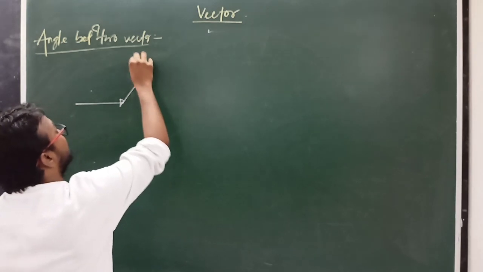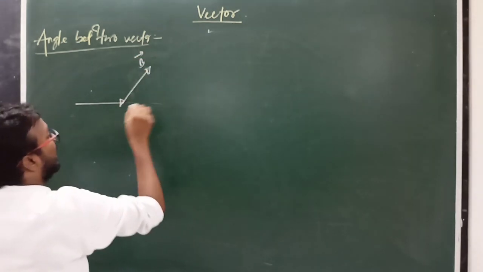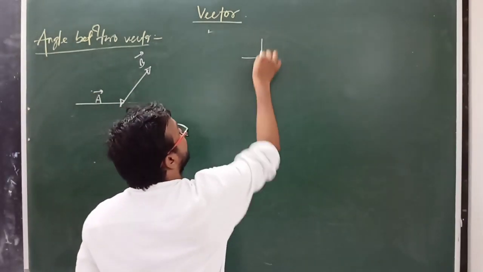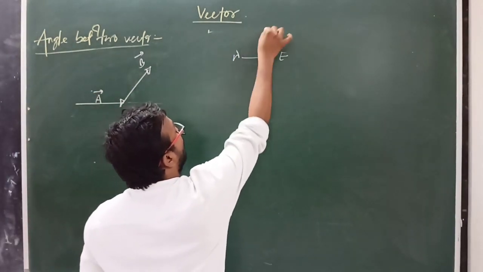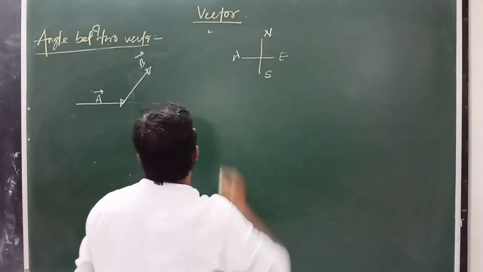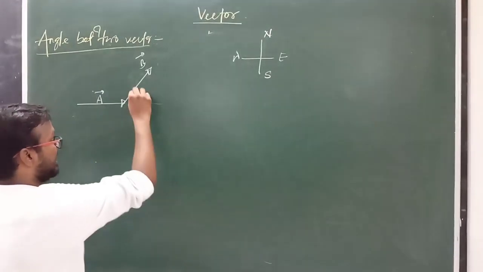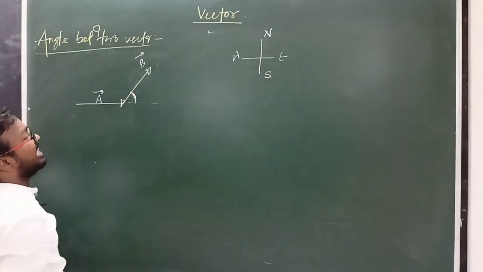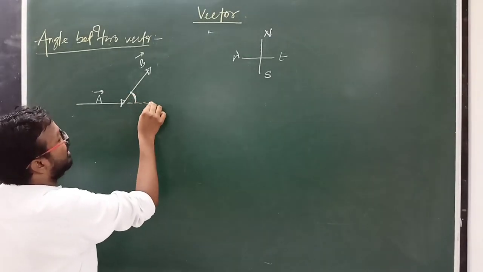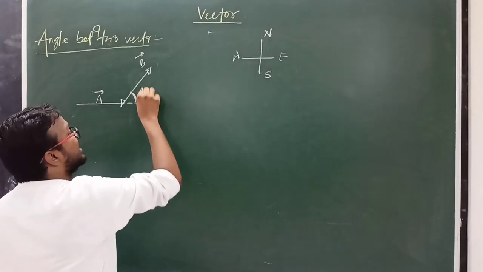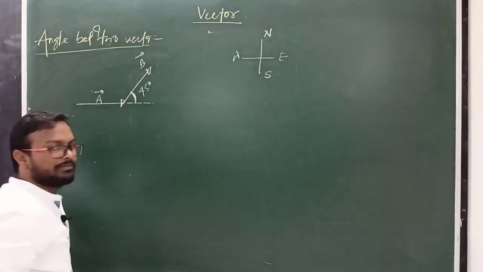Suppose this vector is B vector, and vector A points towards east, west, north and south directions. Vector A points towards east, and this angle which B vector makes with the east axis or east direction is 45 degrees.